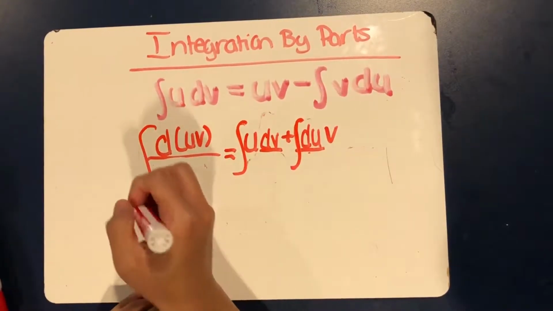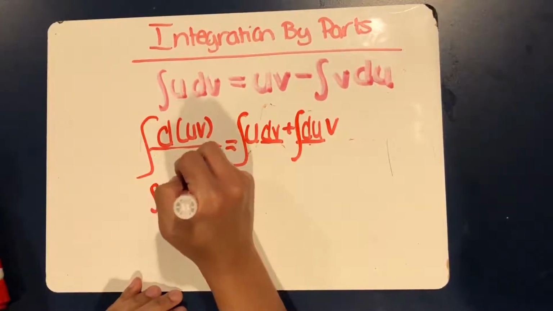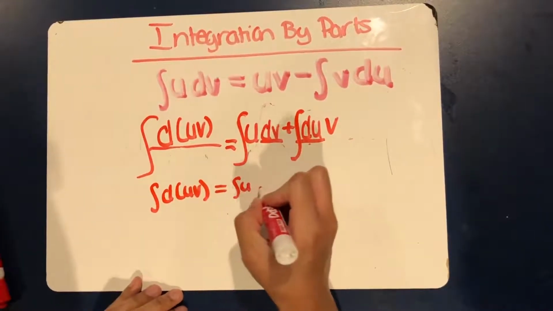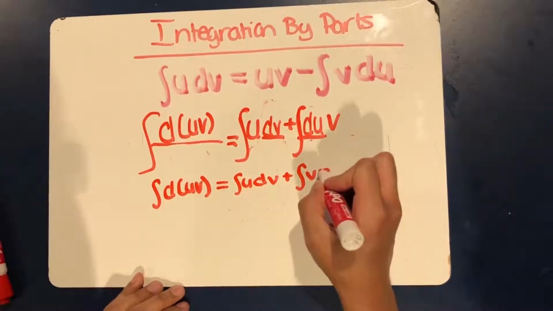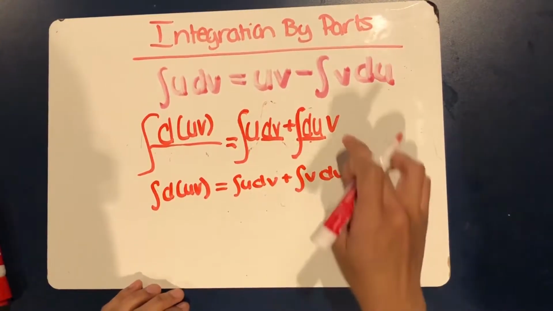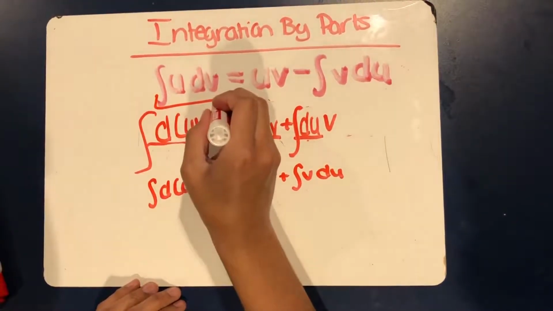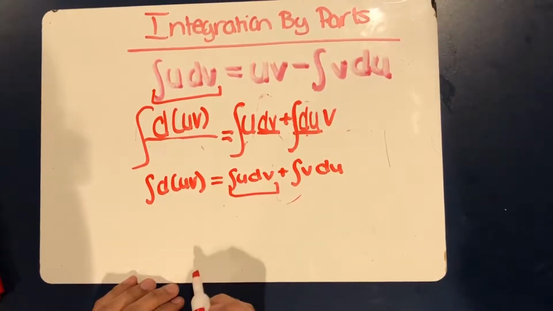So the integral of the differential of uv is equal to the integral of u dv plus the integral of v du. So we have this term, integral of u dv, and we want to isolate that, so we take the integral of v du and we subtract it from the other side.